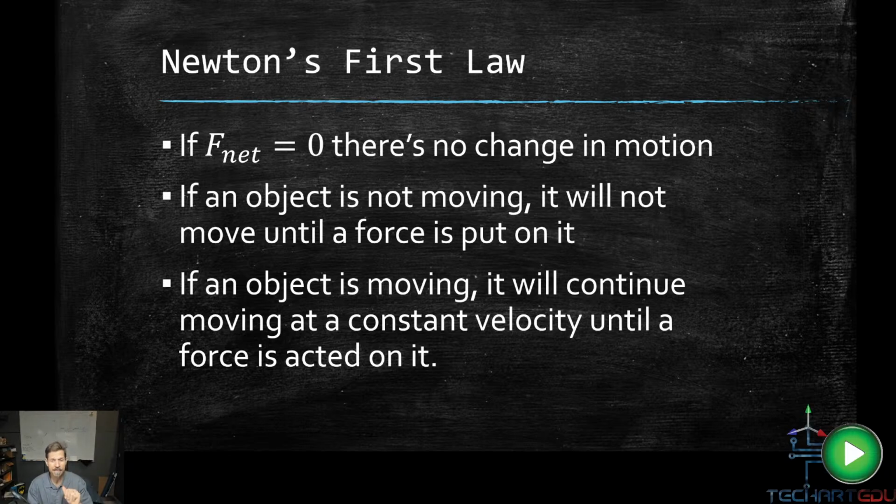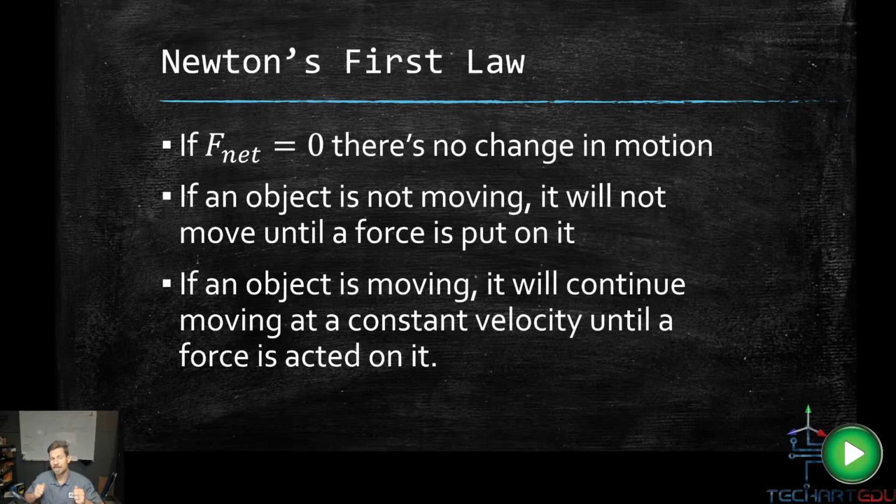Now, we know we haven't talked about what forces are and so forth, but let's just assume that. So if an object is just sitting there, it's going to keep sitting there until someone puts a force onto it. And then the force is going to make that object change position or whatever. It's going to move, accelerate, you name it.